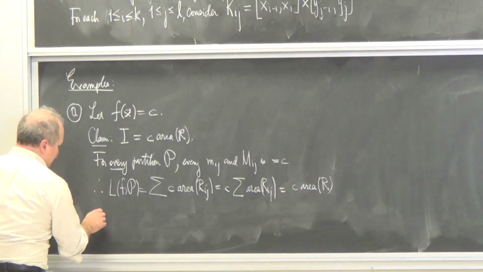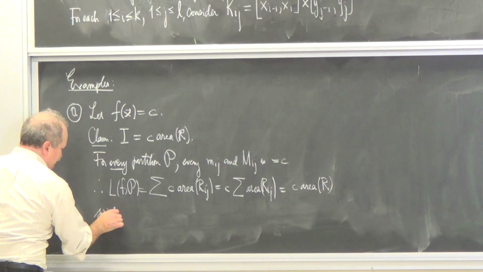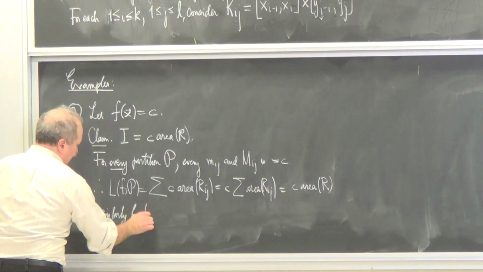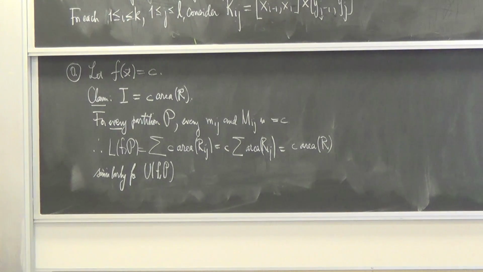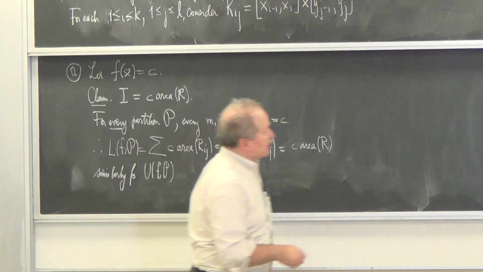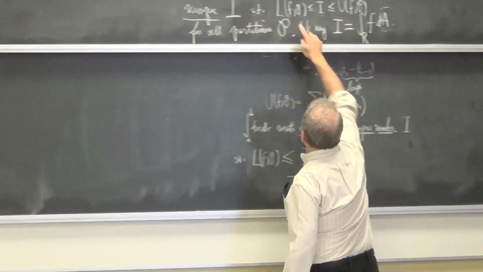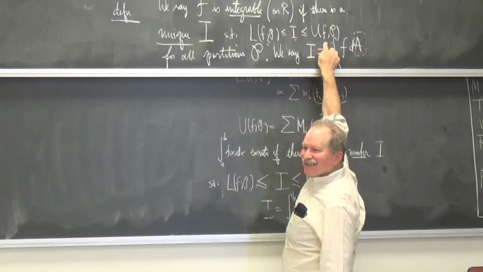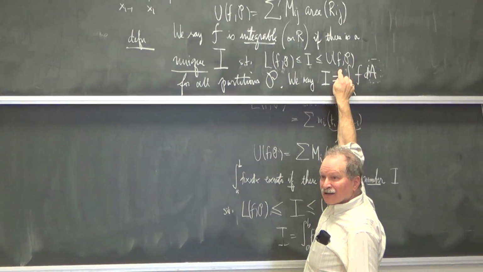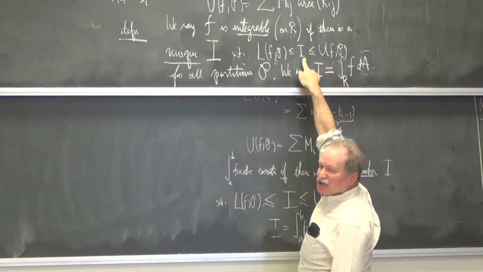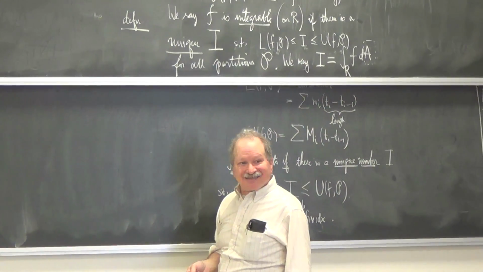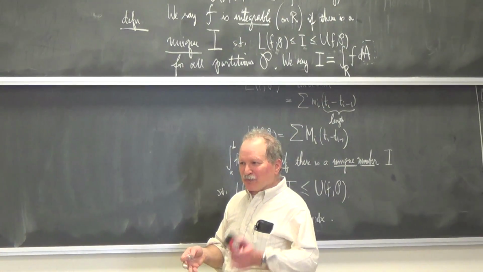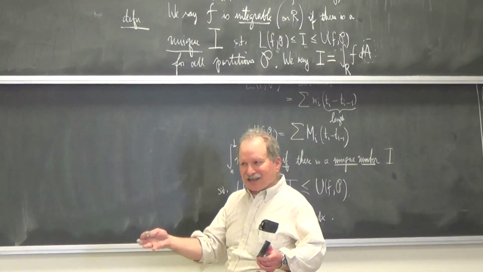And likewise for the upper sum. Therefore, exactly as Cameron said, if these two numbers are the same for every P, there's only one option for I. And it's clearly unique because there's only one number between C times area of R and C times area of R.